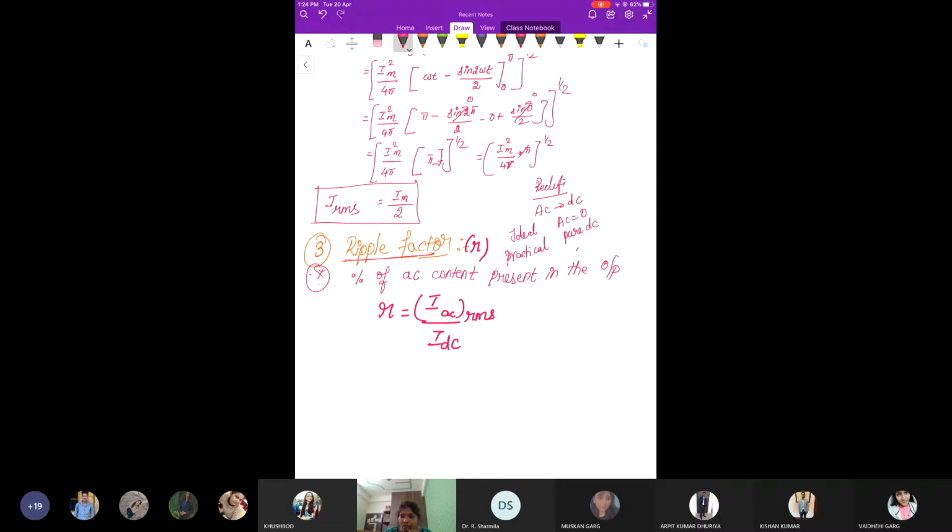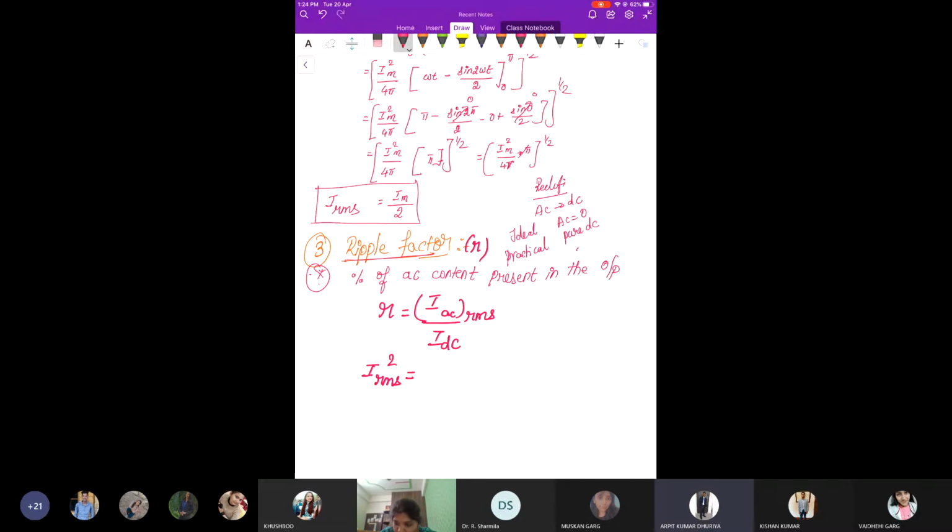Already I told you the RMS is nothing but the AC component added in the DC. So the ripple factor is measured by means of IAC divided by the IDC value. For this simplification, here I am going to write this IRMS value. Already I told you RMS means root mean square value.